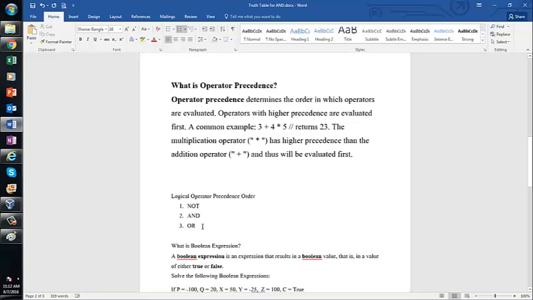So if you have a not operator, it will be executed first, then and, and then or. So not will be the first, second will be and, and the last will be or. Okay, let's go to the expression that we are solving now.